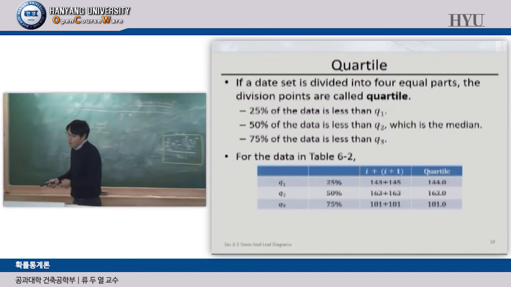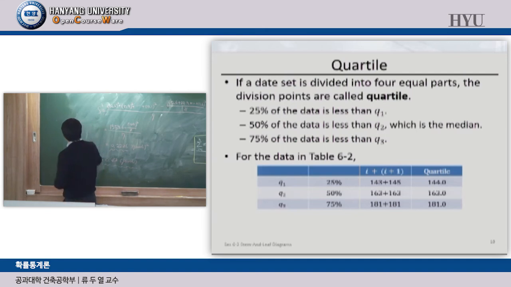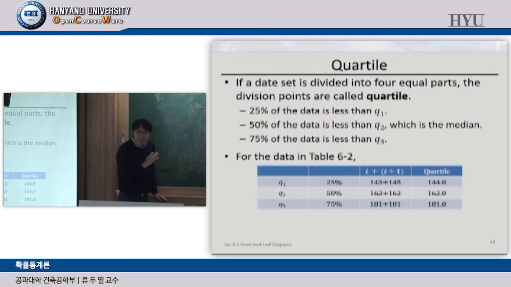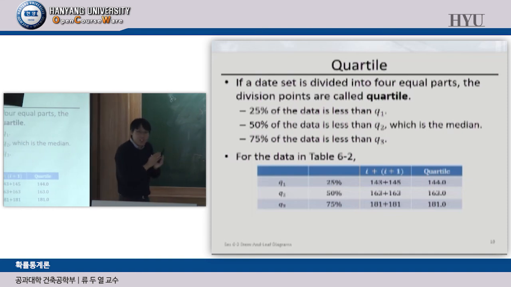So in the previous table 6-2, we have a total of 80 data points. Okay? And in this case, we need to define Q1, the first quartile. And the first quartile should be larger than the compressive strength of the 20th specimen, right? And also should be lower than the compressive strength of the 21st specimen, right? So how can we define the value? That will be the average value, right?